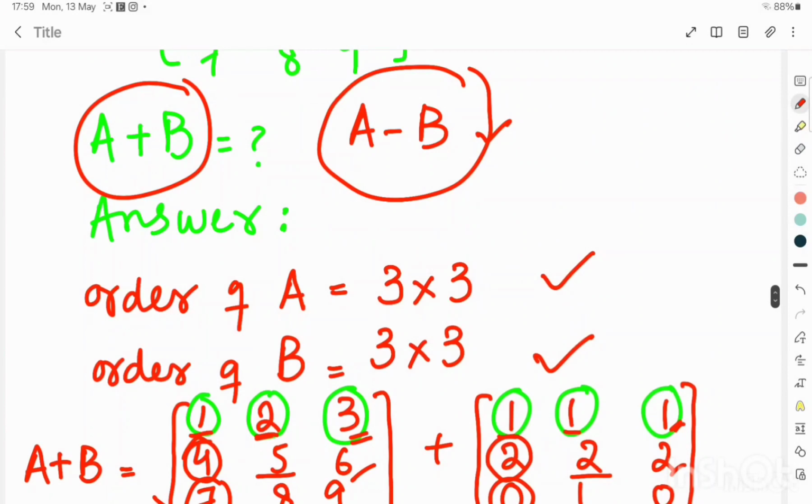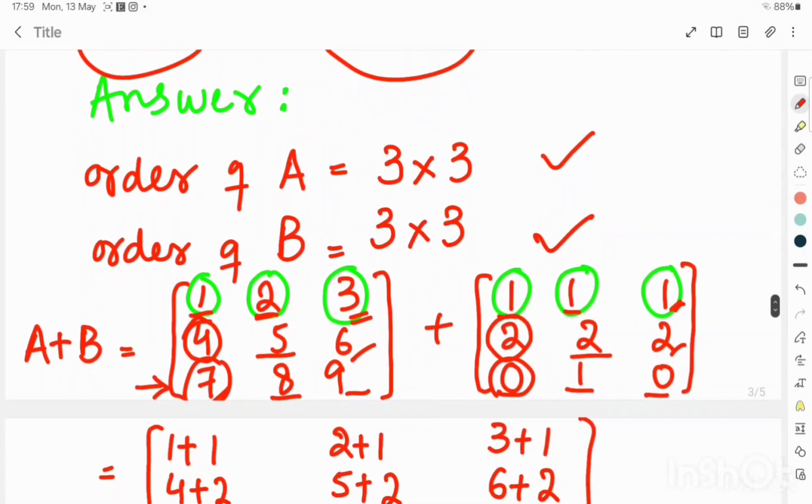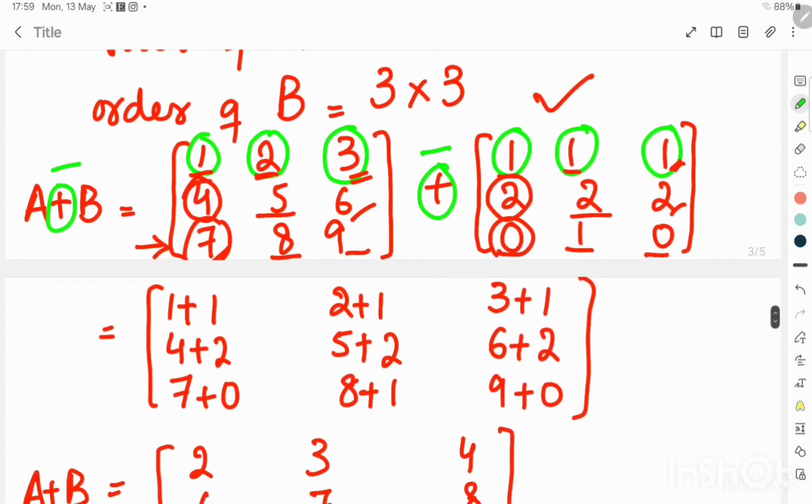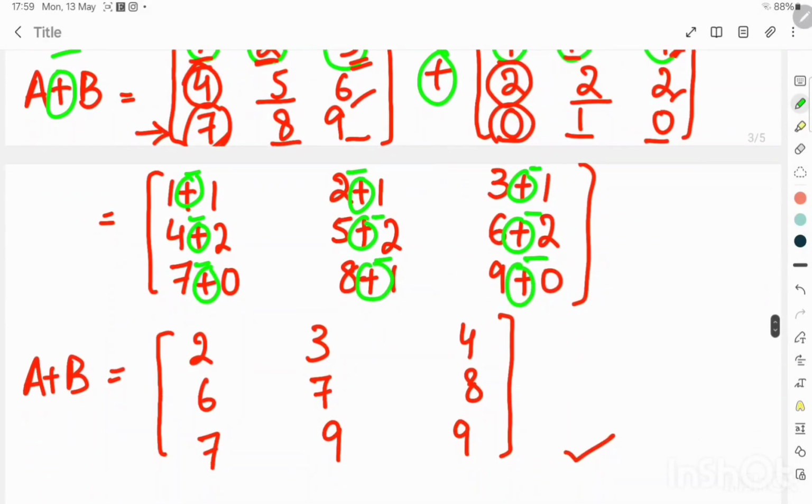If the orders are the same, then you will go further, and instead of plus we will use minus. Okay, so here I will use minus, and all pluses are replaced with minuses, just like that. The whole process is the same. There is no difficulty in it. And when you subtract both numbers, you will get the final answer.